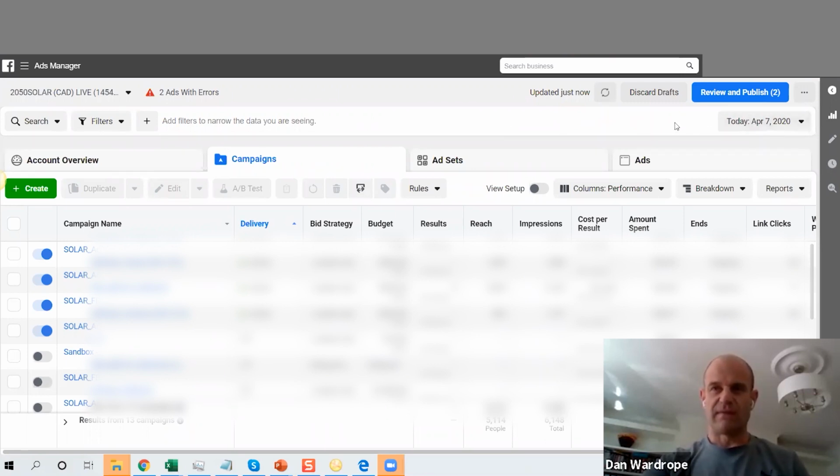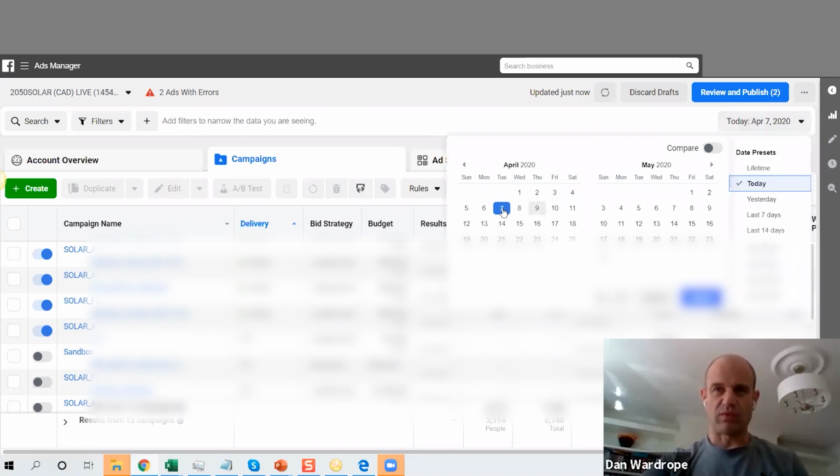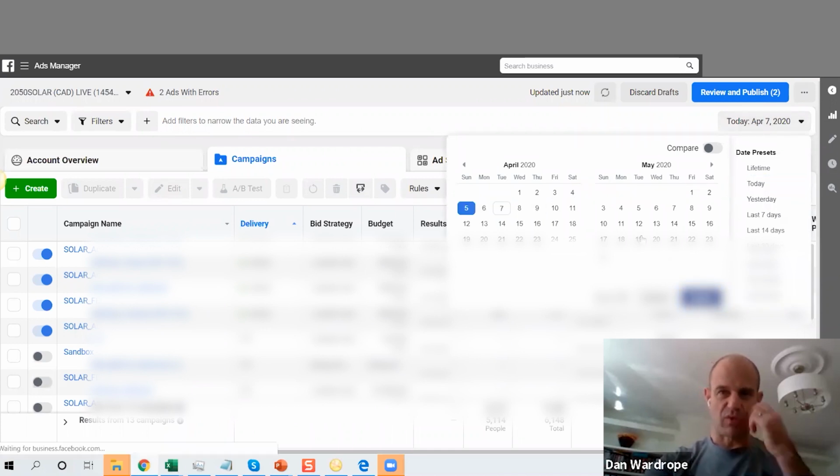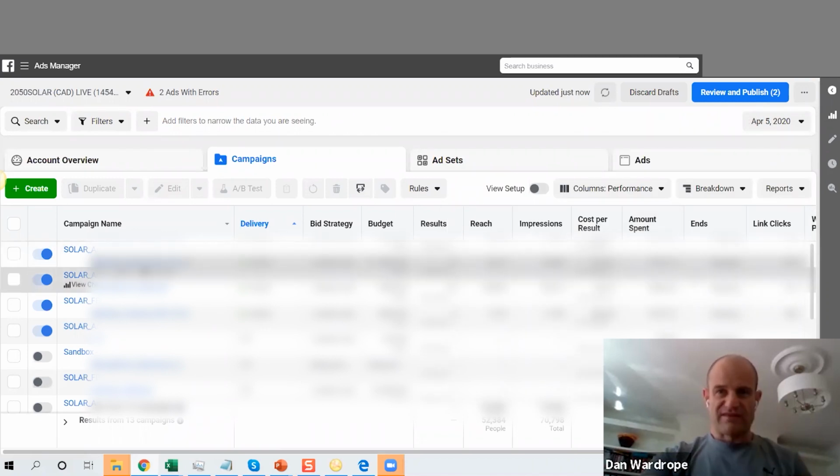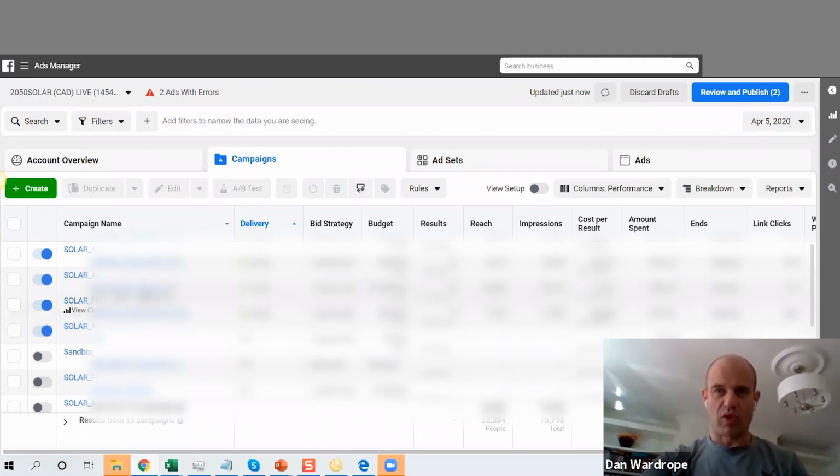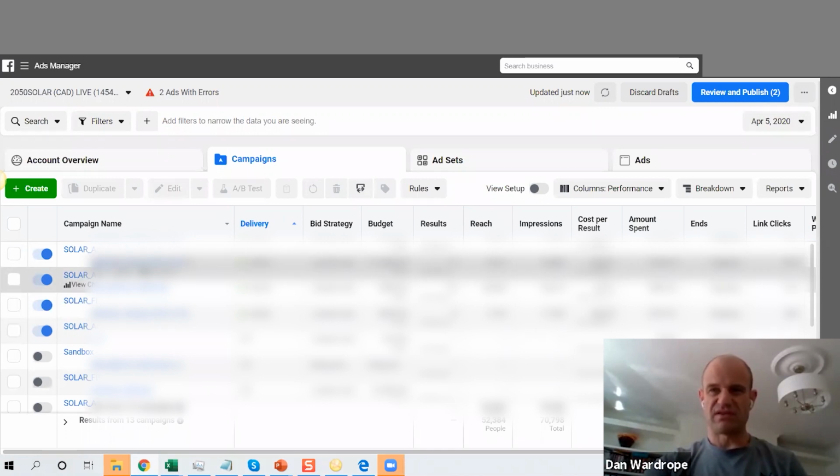So if we have a look at what was happening on Sunday within this account, Sunday the 5th of April, we can see here that our cost per lead across the board, running this in Canada at the moment, is probably around circa $15 per lead, something like that.